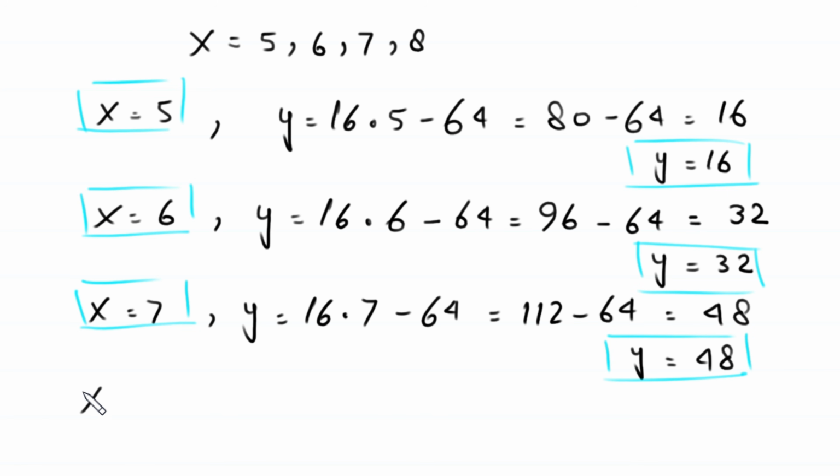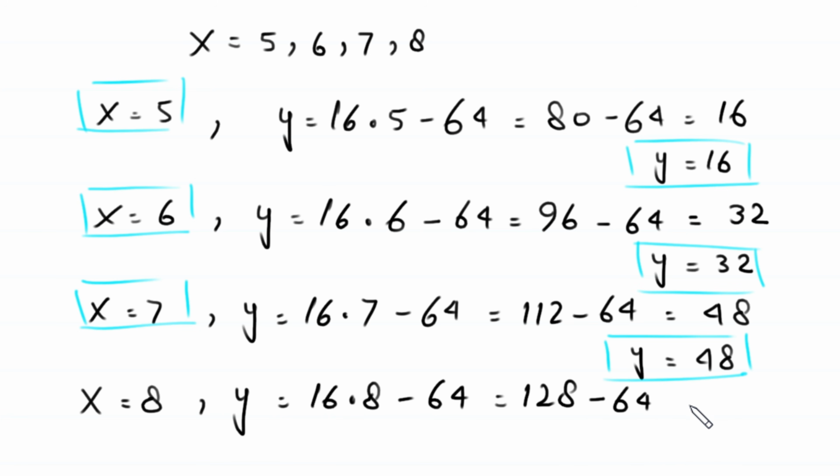Now when x is equal to 8, then y will be equal to 16 times 8 minus 64, equal to 128 minus 64, and this is equal to 64. Means that when x is equal to 8, then y will be equal to 64. So from here we get another pair, 8 comma 64.